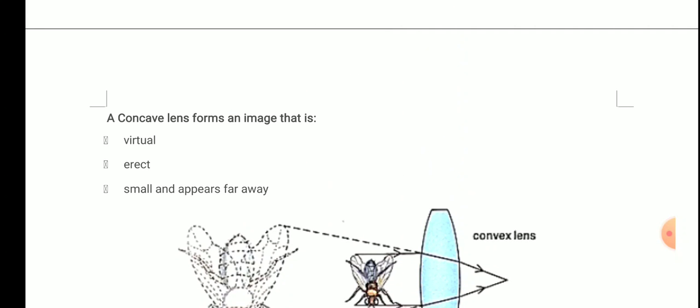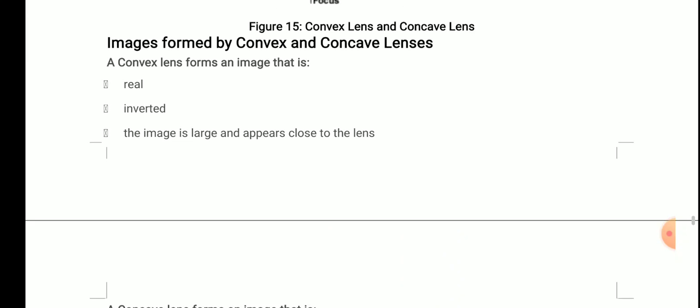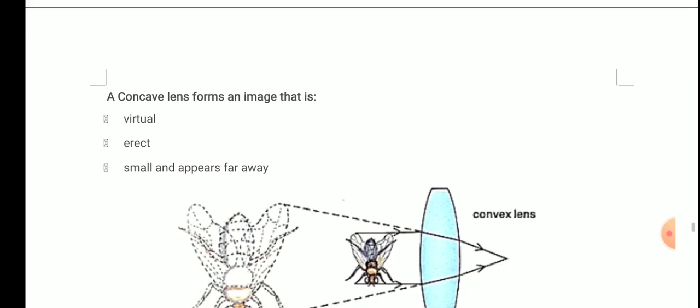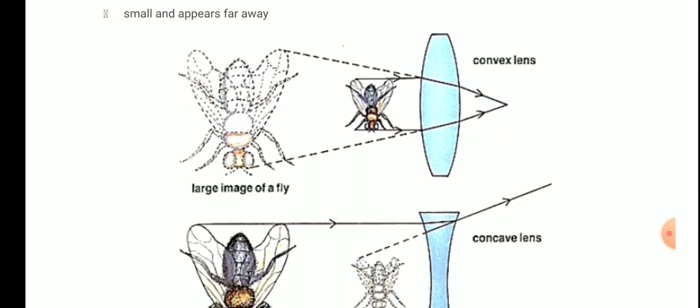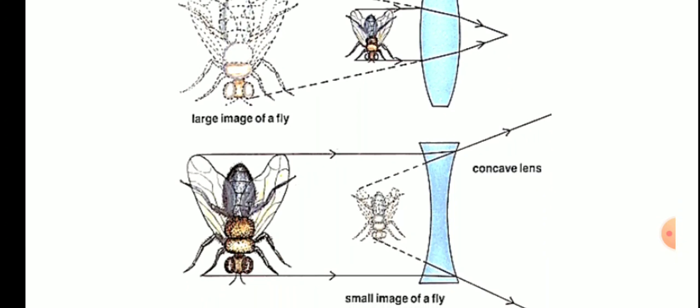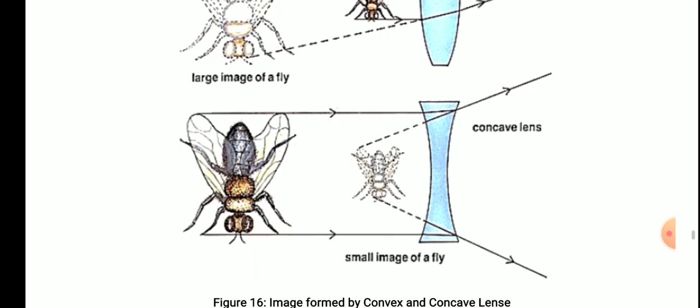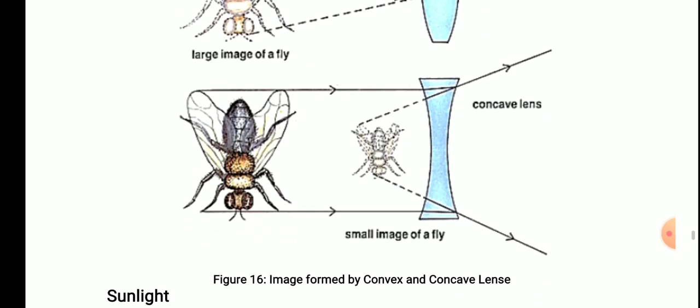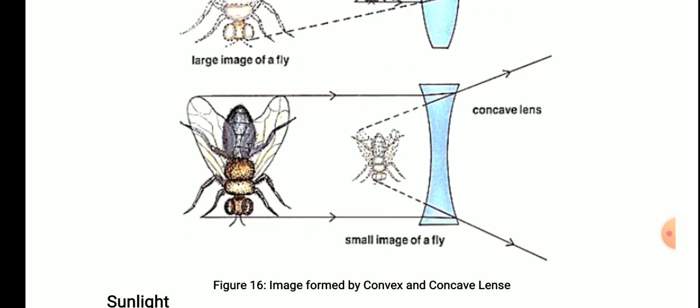So when we discussed the convex lens, we said that it is real, inverted, and the image is large and appears close to the lens. Similarly, if we talk about concave lens, the image is quite smaller. So I hope the topic lenses is clear to all of you.